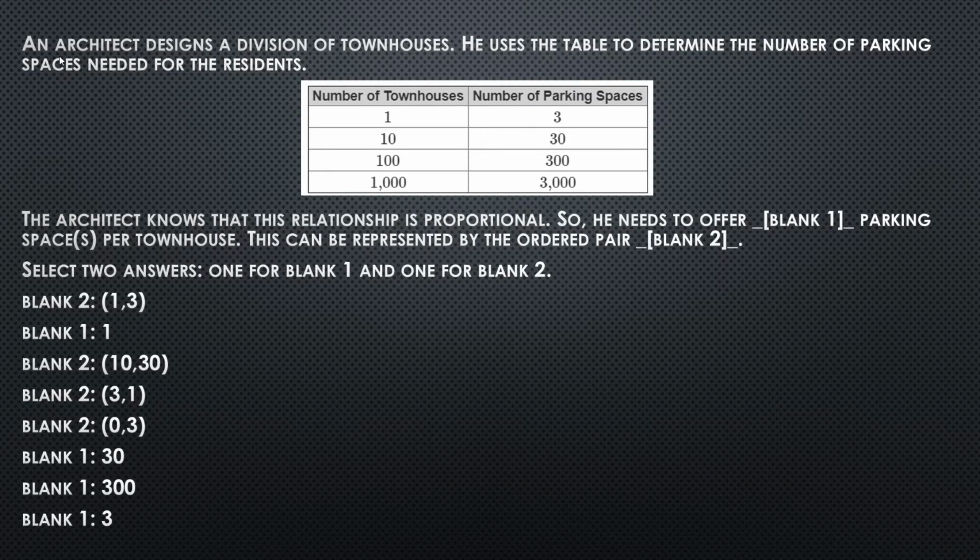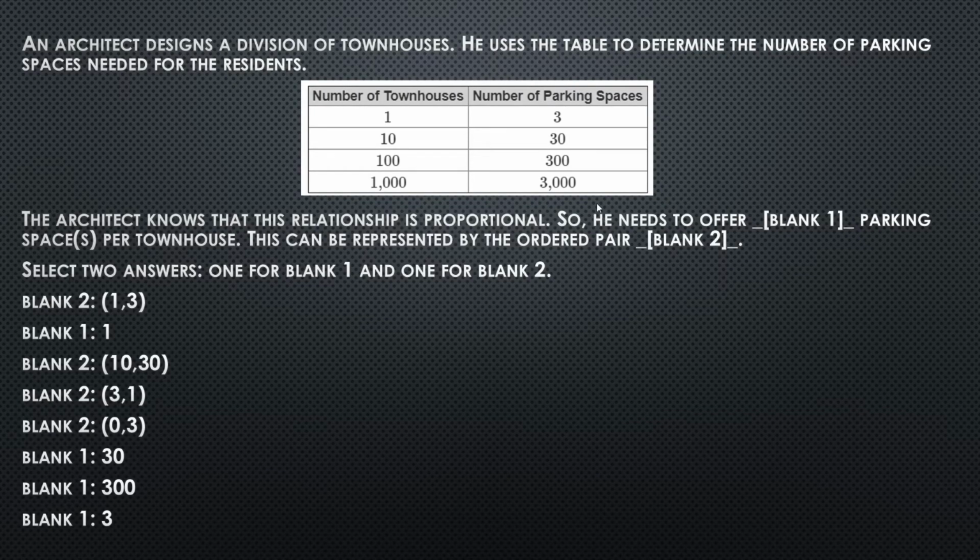Our next question says that an architect designs a division of townhouses. He uses the table to determine the number of parking spaces needed for the residents. The architect knows that this relationship is proportional, so he needs to offer blank 1 parking spaces per townhouse. This can be represented by the ordered pair blank. This one is actually pretty simple. Yes, it is a blank 1, blank 2 question, but it gives us the answer almost directly from the table.